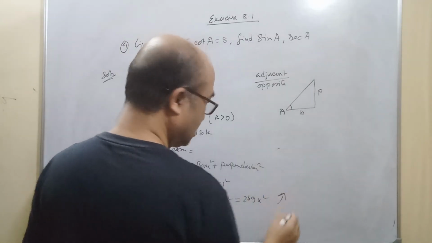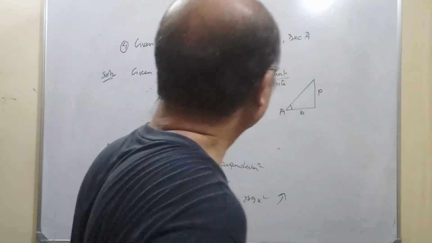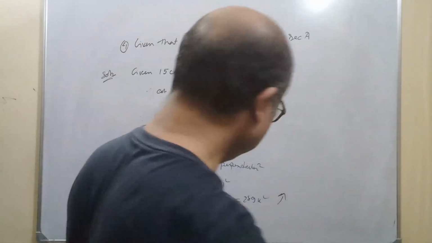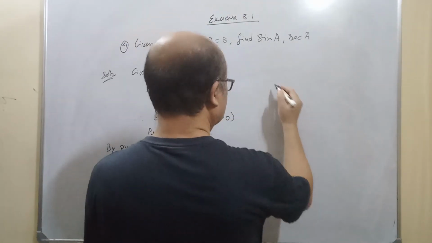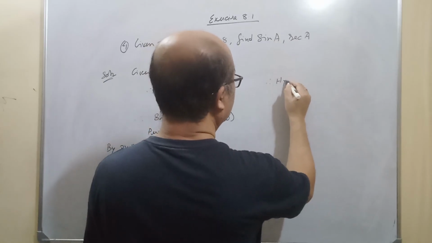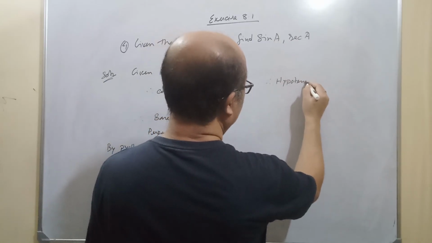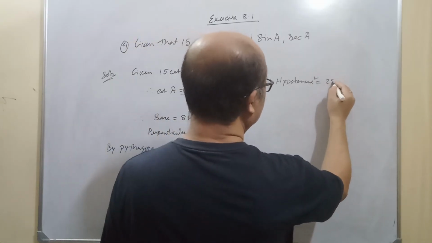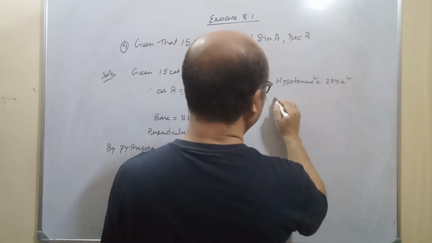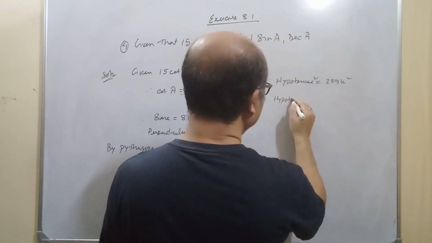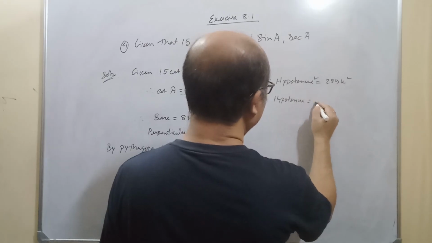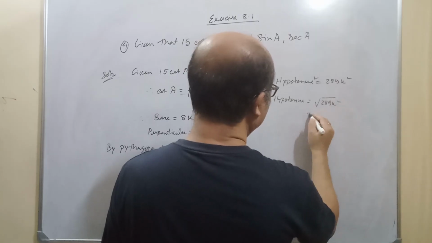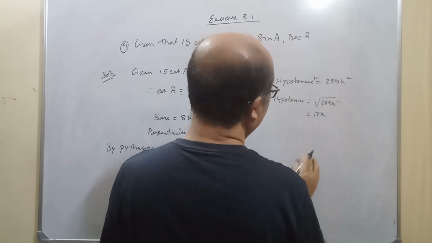Hence, let us continue it here. We don't know this. So, hence, hypotenuse square is 289k square. Hence, hypotenuse is square root of 289k square, which is equal to 17k.